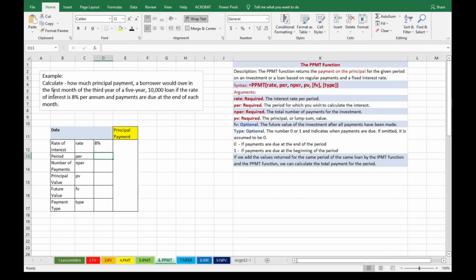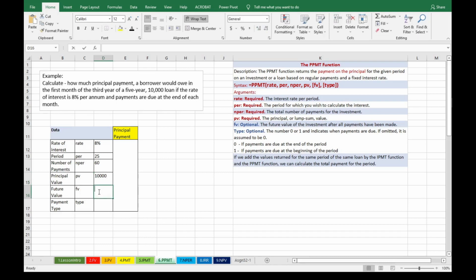Now period is first month of the third year, which is 25. Then number of payment is 5-year period, so we'll have to put 5 times 12, that is 60 months. Then principal value, so we'll have to put 10,000 with the positive sign because it's the cash inflow.